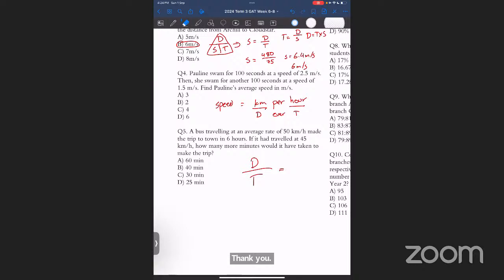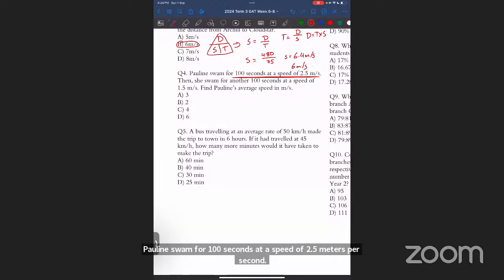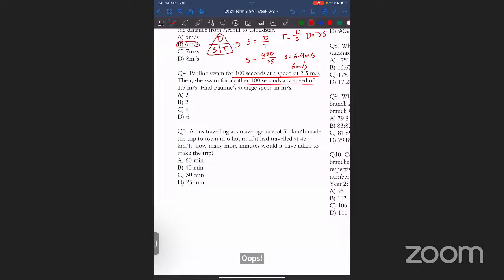Question number 4. Pauline swam for 100 seconds at a speed of 2.5 meters per second, and then she swam another 100 seconds at a speed of 1.5 meters per second. Find Pauline's average speed.